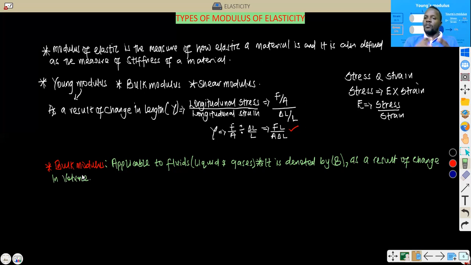When we talk about fluids, we are talking about change in pressure, the impact of pressure on volume. And this you've studied mostly in your chemistry concepts.